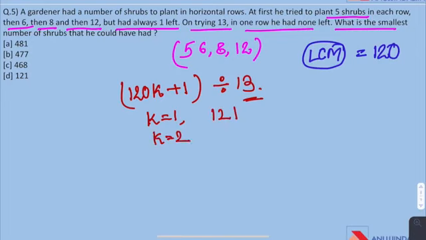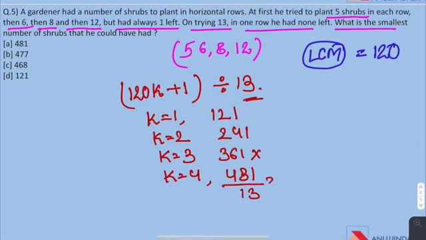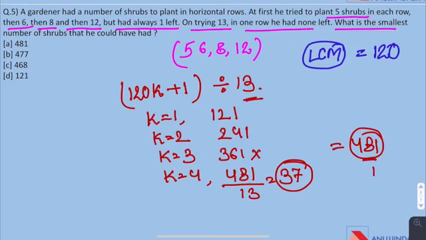If k is 2, then we get 241, still not divisible by 13. K is 3, 361, not divisible by 13. When k is 4, we get 481, which is divisible by 13. And hence the smallest number of shrubs he could have is 481. And 481 gives remainder of 1 when divided by 5, 6, 8 and 12 respectively.